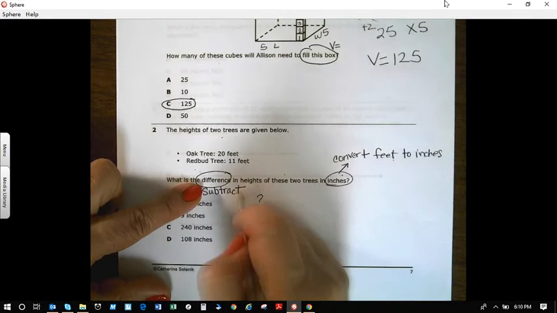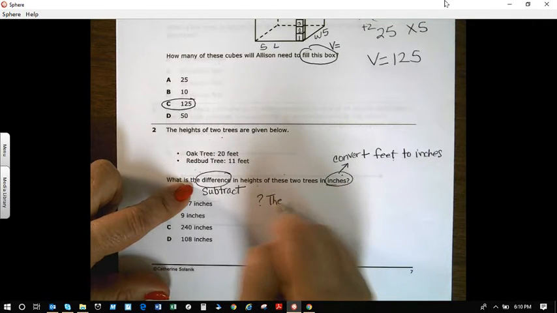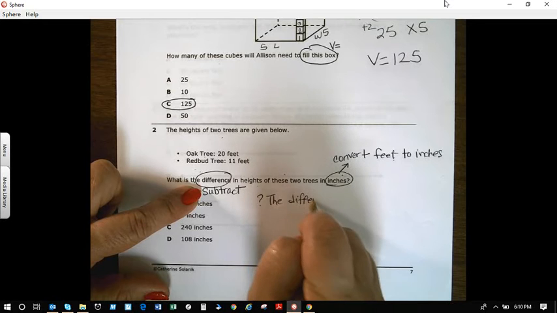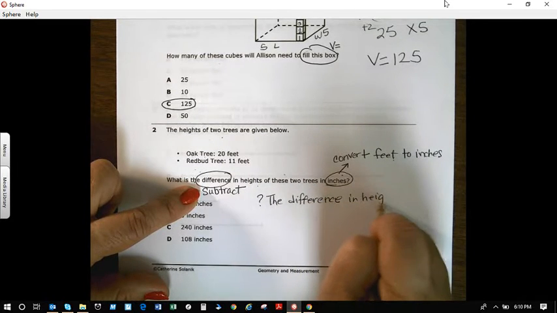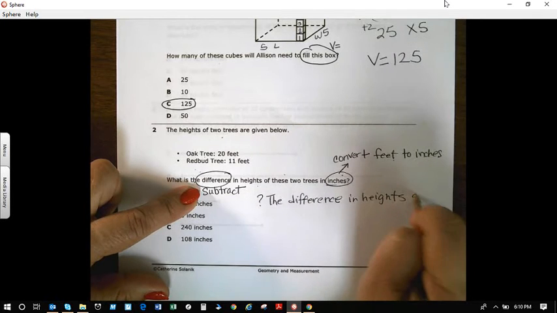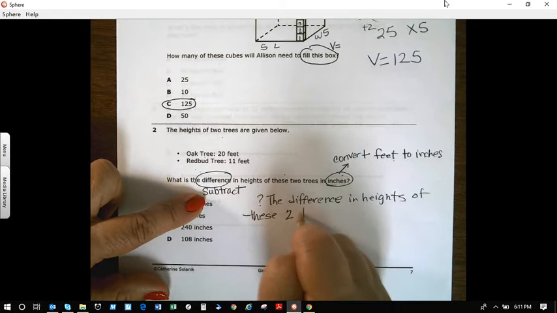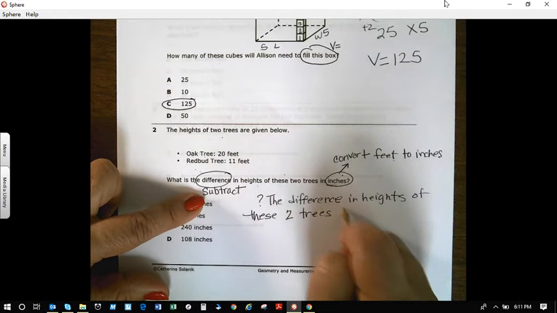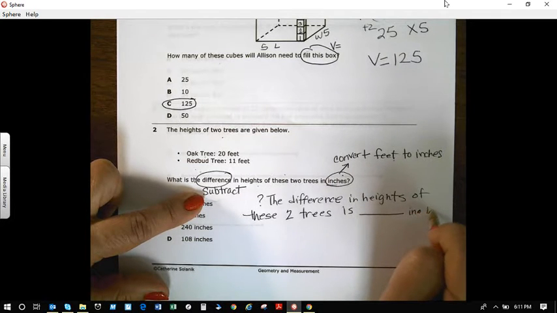So I'm going to put the difference in heights of these 2 trees is blank in inches. Sorry about that.